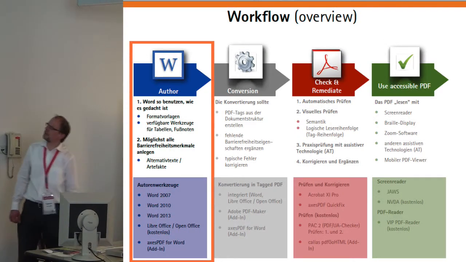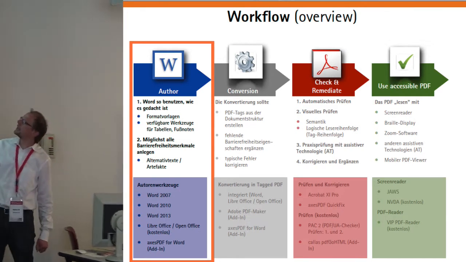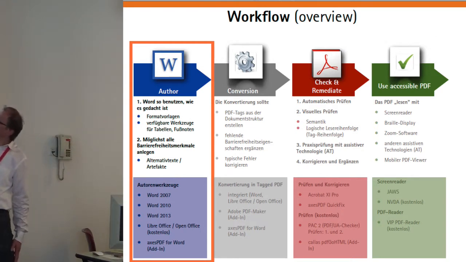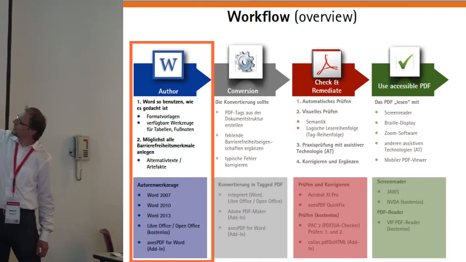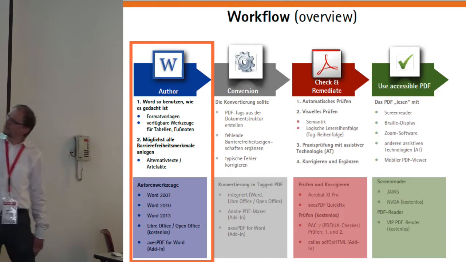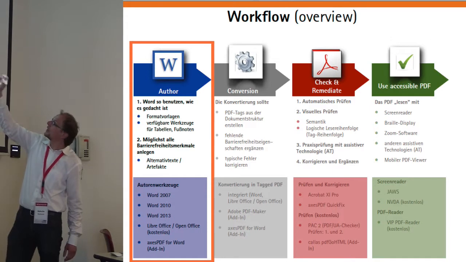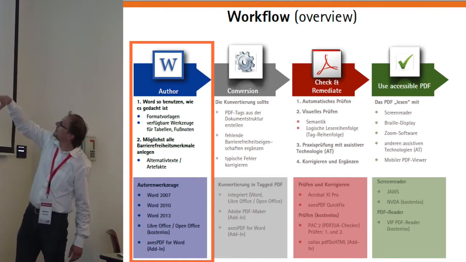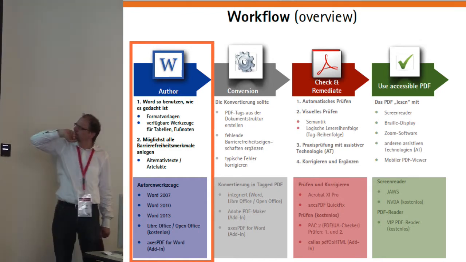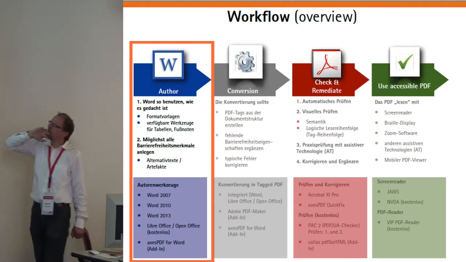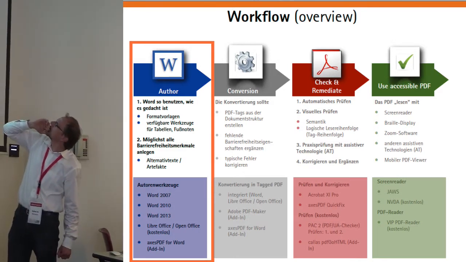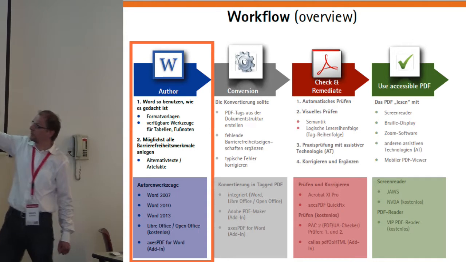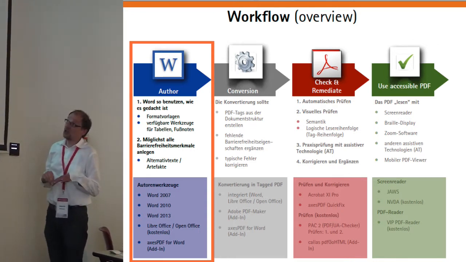And let's have a look at the workflow and the tools, and we see the best way would be if we had a conversion, only a conversion, that would be able to use all the structure information from Word to use the tagged PDF, so that we can spare time in step 3, check and remediate. And at the moment, the conclusion is we tested all these tools, and the conclusion is with mainstream products it's not possible.